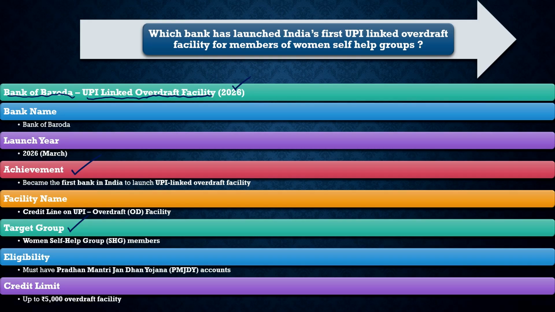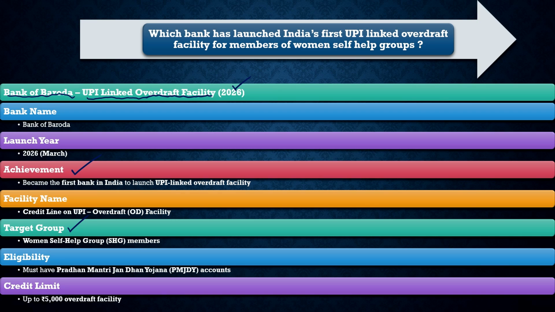To be eligible for this, one must have a Pradhan Mantri Jan Dhan Yojana, PMJDY, account, and the credit limit is up to rupees 5k overdraft facility. So, what things you have to remember here?